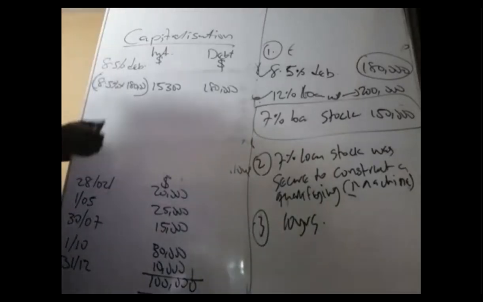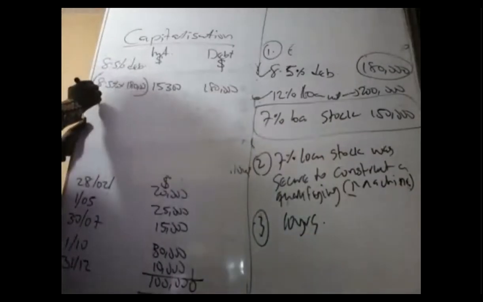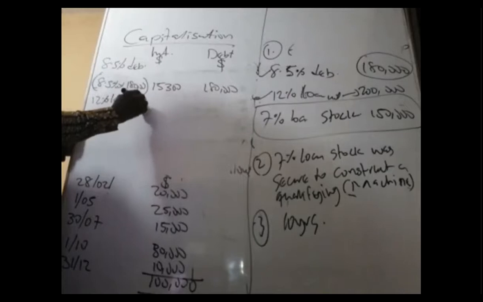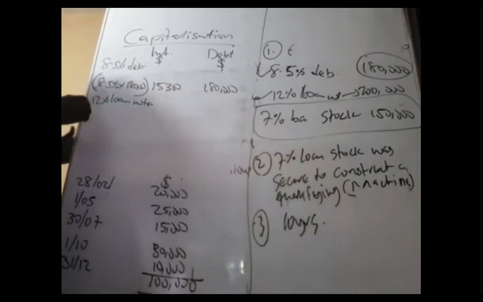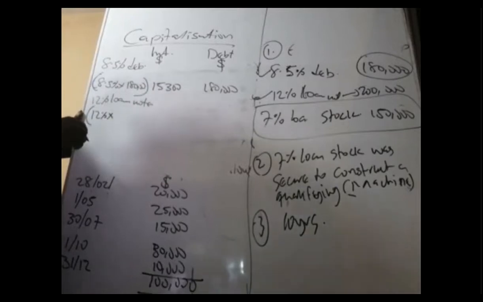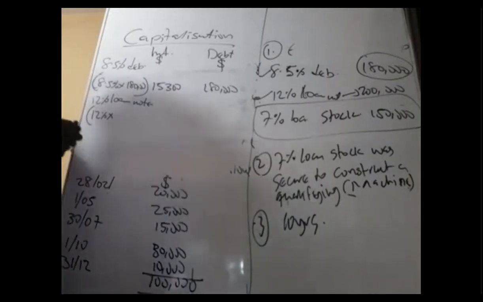Let's go to the second debt. The second debt is 12% loan note. So to do your calculation, what is the interest? It will be 12% times 200,000.